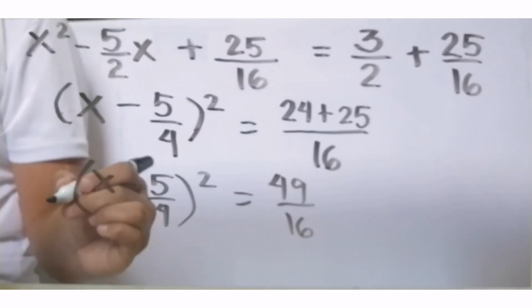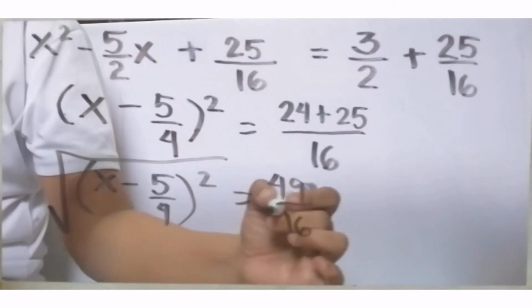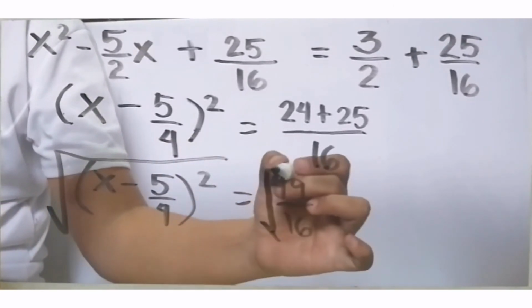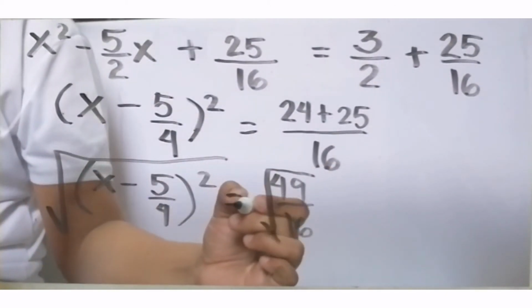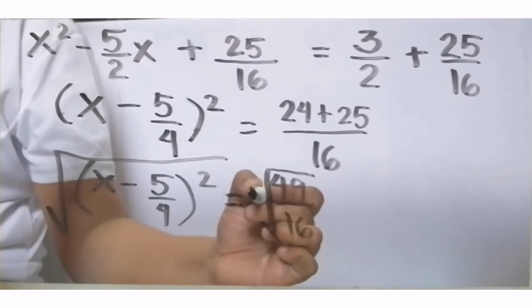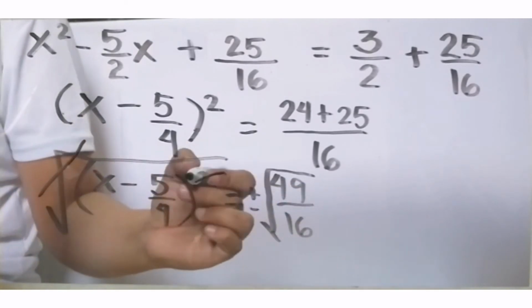Ngayon, kunin natin yung square root of both sides of the equation. Okay. So, take note, pag kinukuha ang square root, lagay natin yung plus, minus. So, this will be cancelled out.